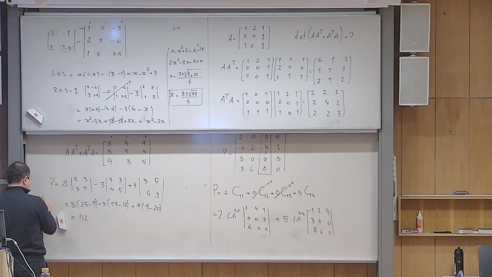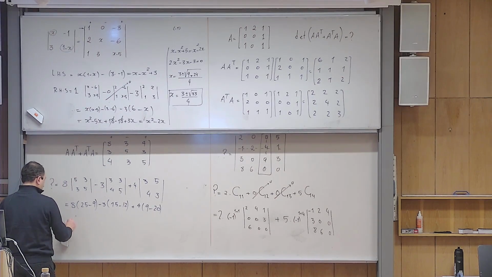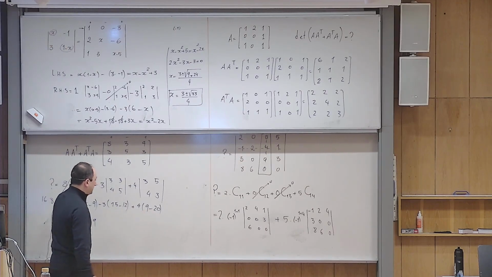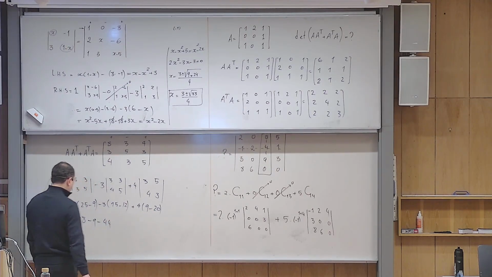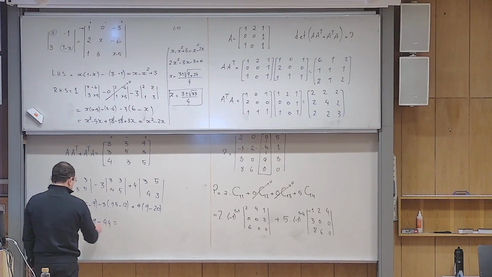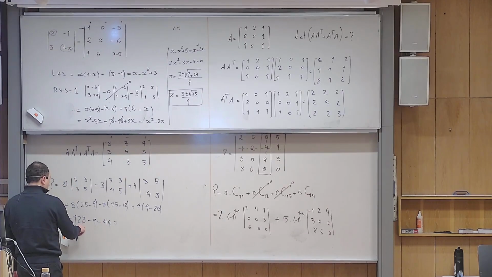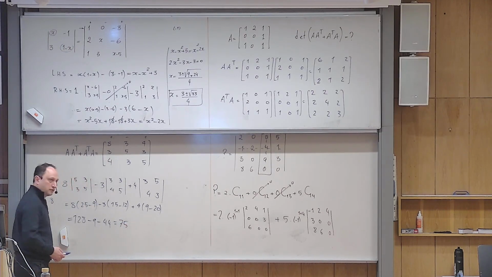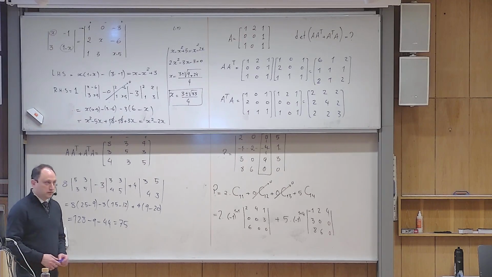No, isn't it 128? 128, yeah, sorry. And this is minus 9. And this is minus 11, so it's minus 44. So what is that number then? Yes, 84. So it's 75, am I right? Okay. So the number seems to be 75.